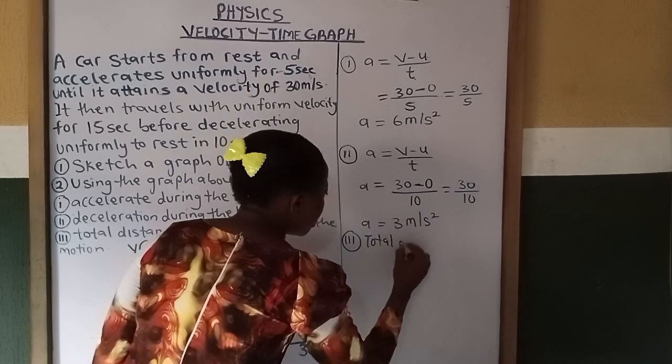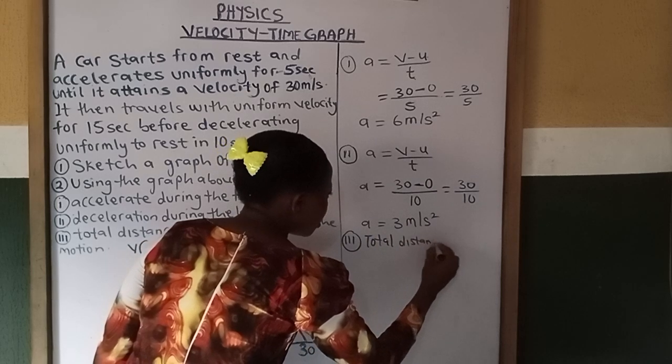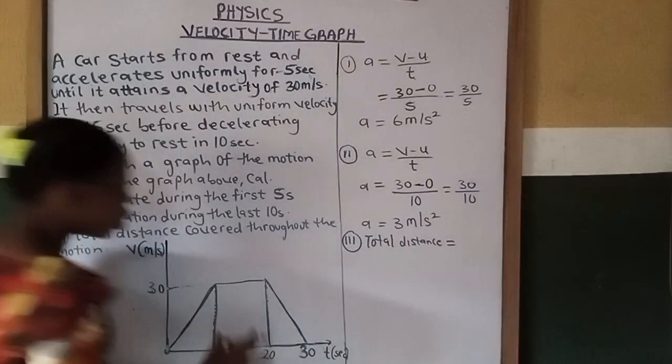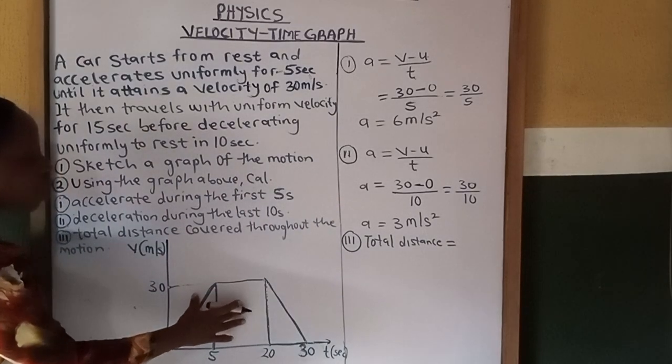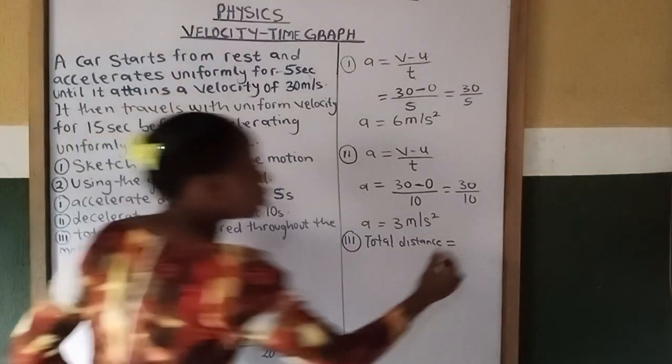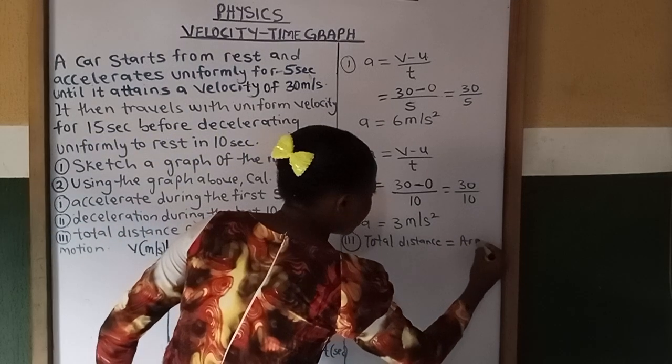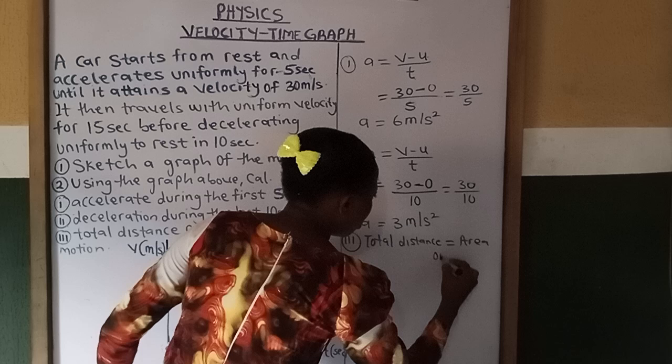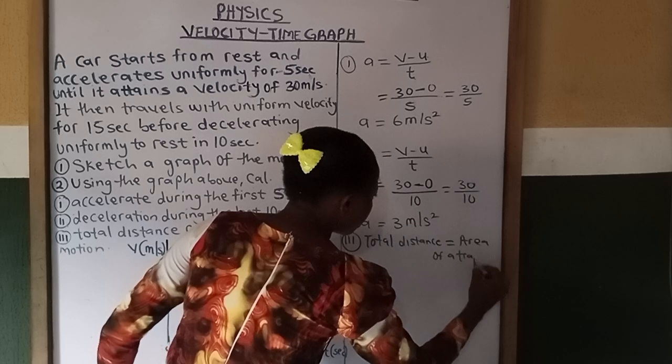So Roman figure 3. Total distance is equal to, so what is the name of this shape that appears on this diagram? This is a trapezium, so it is equal to the area of a trapezium.